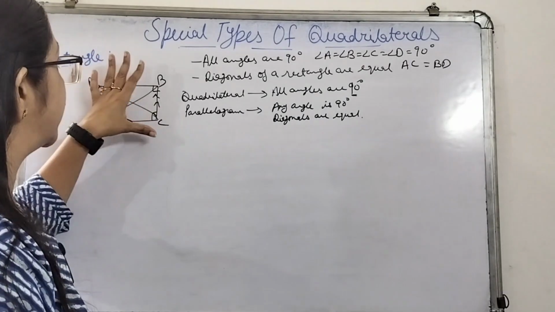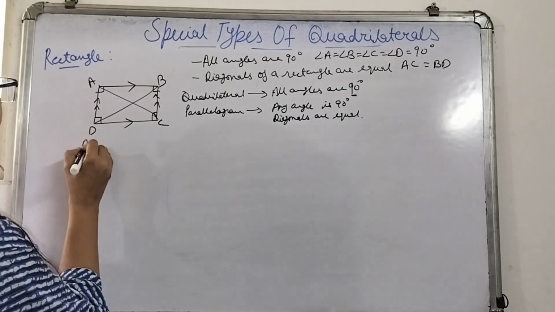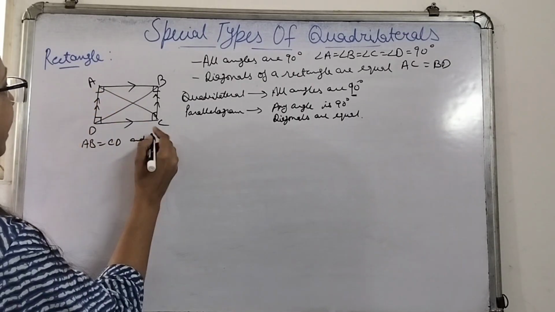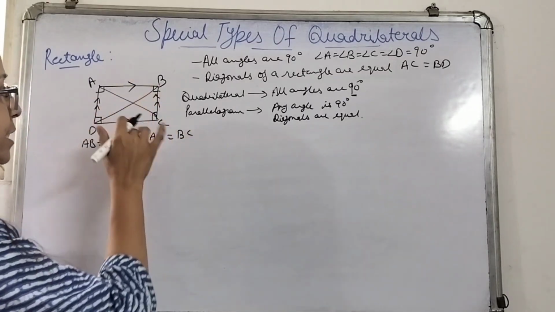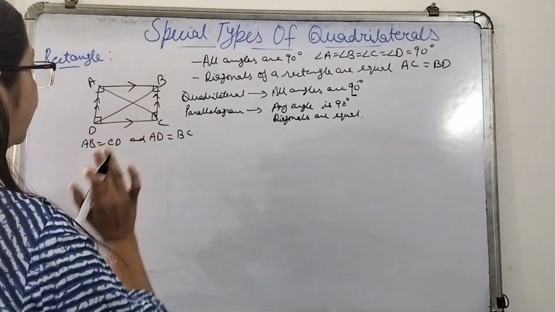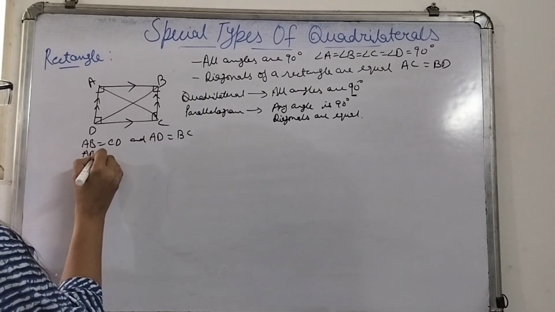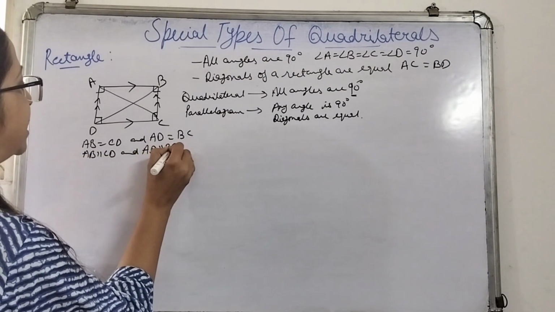So what are all the properties of a rectangle? Opposite sides are equal, so AB is equivalent to CD and AD is equivalent to BC. It is a property of a parallelogram, so it will follow it. Opposite sides will be parallel, so AB is parallel to CD and AD is parallel to BC.